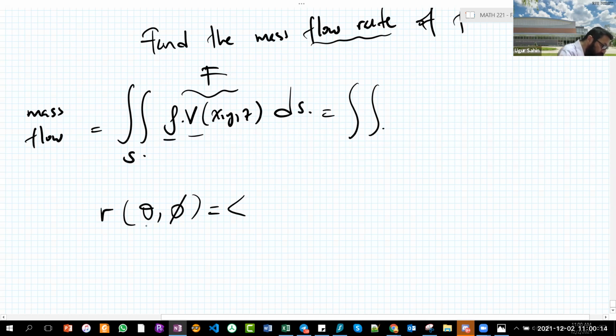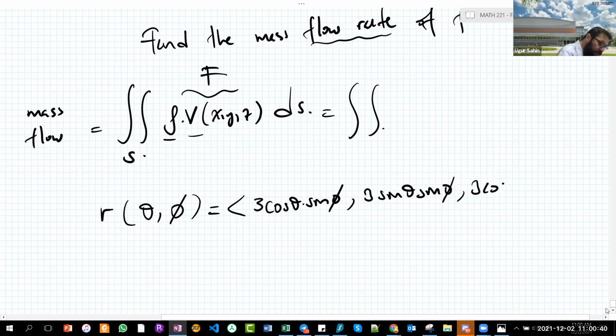The radius of the sphere in this example is, sorry, 3, since the sphere equation is equal to 9, that's why the radius is 3. So the parameterization is 3 cosine theta sine phi, 3 sine theta sine phi, and 3 cosine phi. That's the first thing I should do.